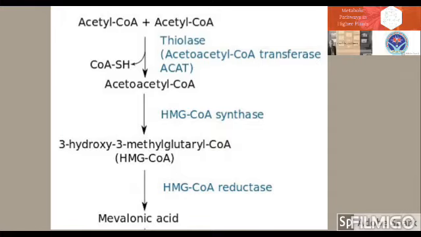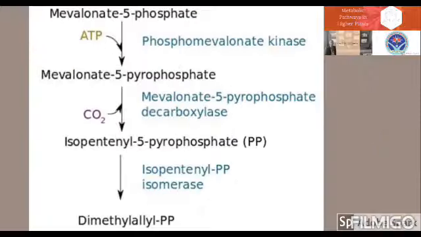The mevalonic acid is further converted to mevalonate 5-phosphate and to mevalonate 5-pyrophosphate, and finally into isopentenyl 5-pyrophosphate and dimethylallyl pyrophosphate.